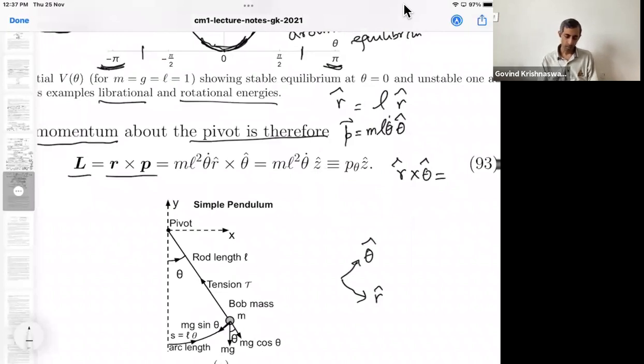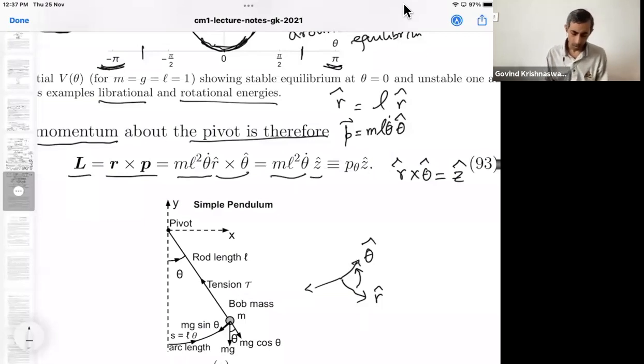As the fingers curl from r to theta, the thumb of my right hand points outwards, which is defined as z hat. Are you okay with this? As a consequence, L is given by m l squared theta dot r hat cross theta hat, so m l squared theta dot z hat. Now this coefficient we will call p theta.